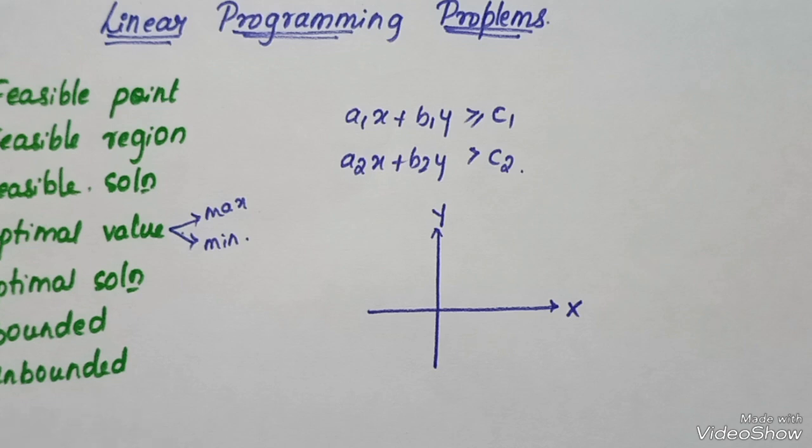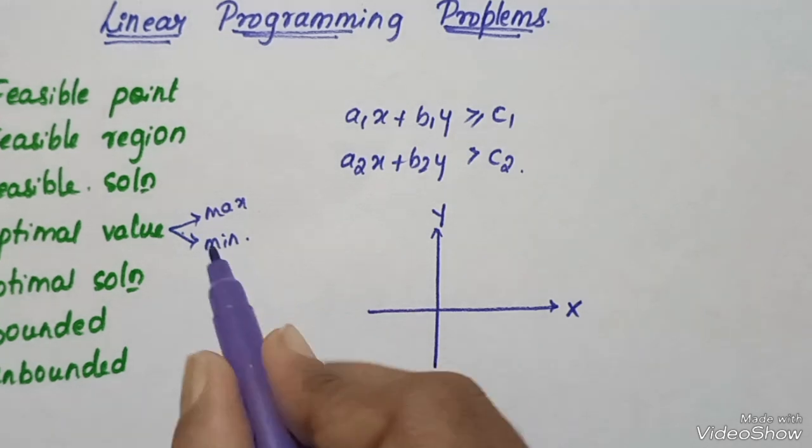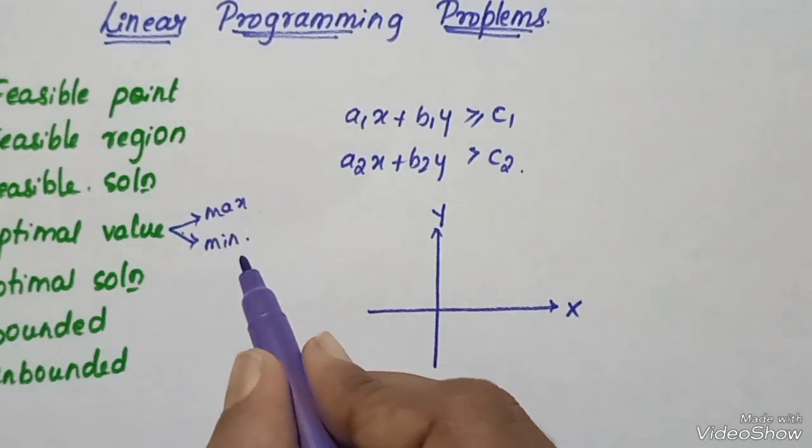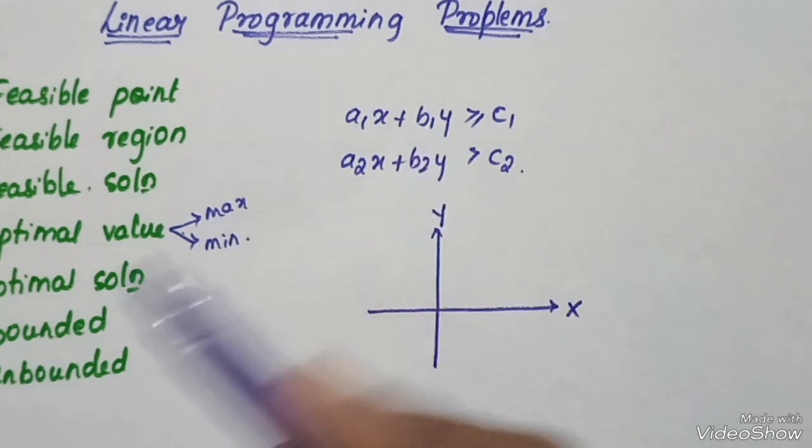Optimization problems may involve finding the maximum profit using minimum cost, or using minimum resources to get maximum profit. So optimal value means getting the maximum or minimum value using the variables x and y.